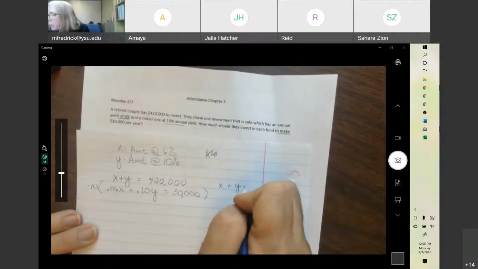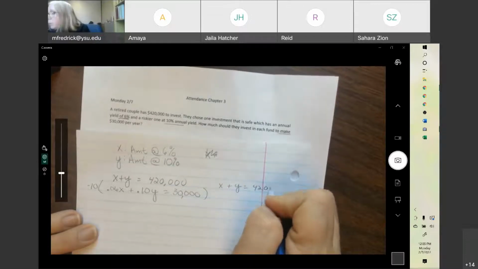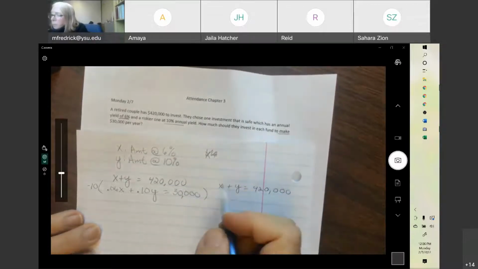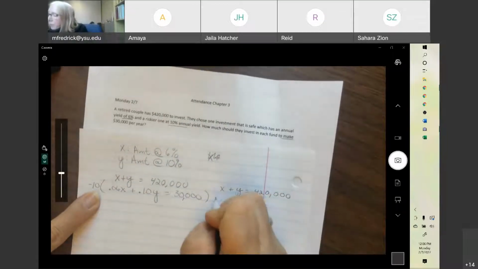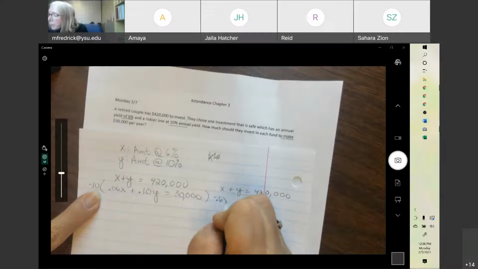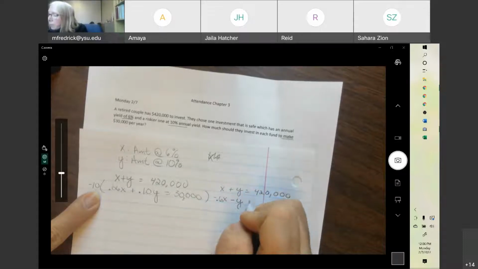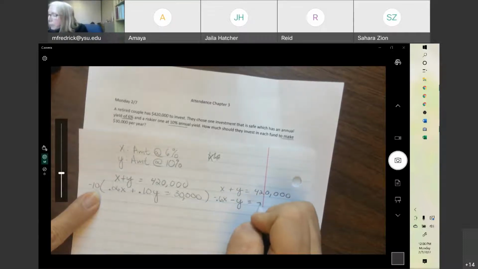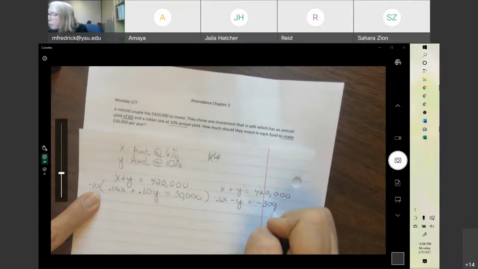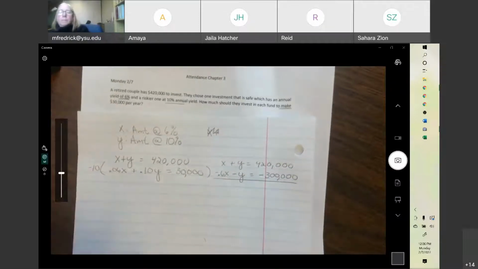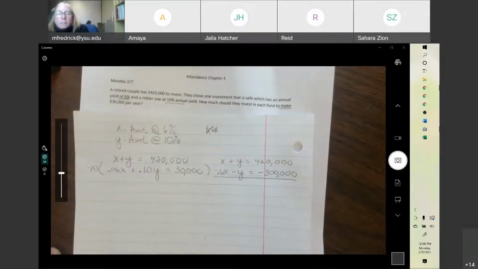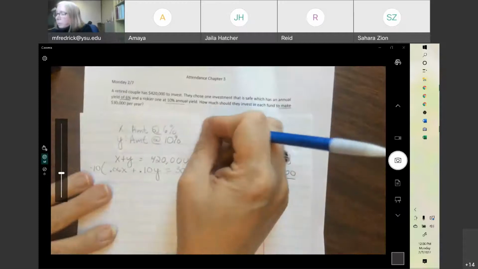X plus y equals 420,000. I'm going to multiply the bottom row by a negative 10. So I'd have a negative 6x minus y equals negative 300,000. Any questions on that part?